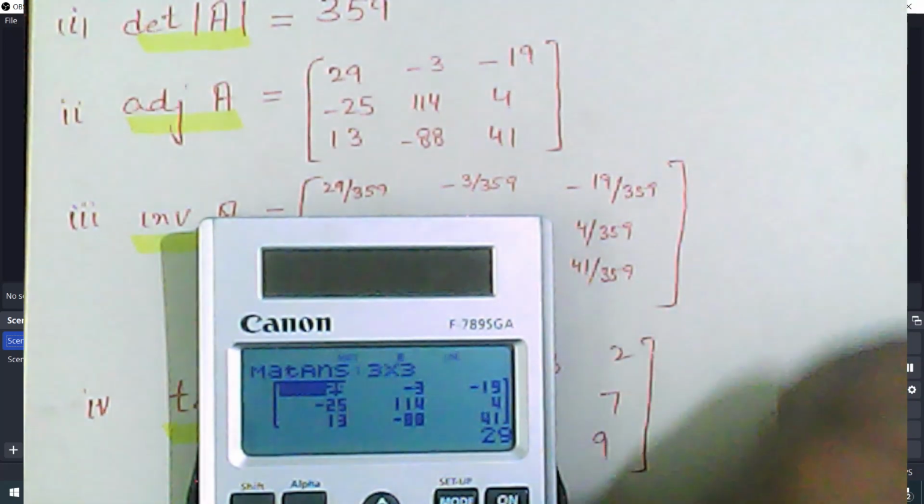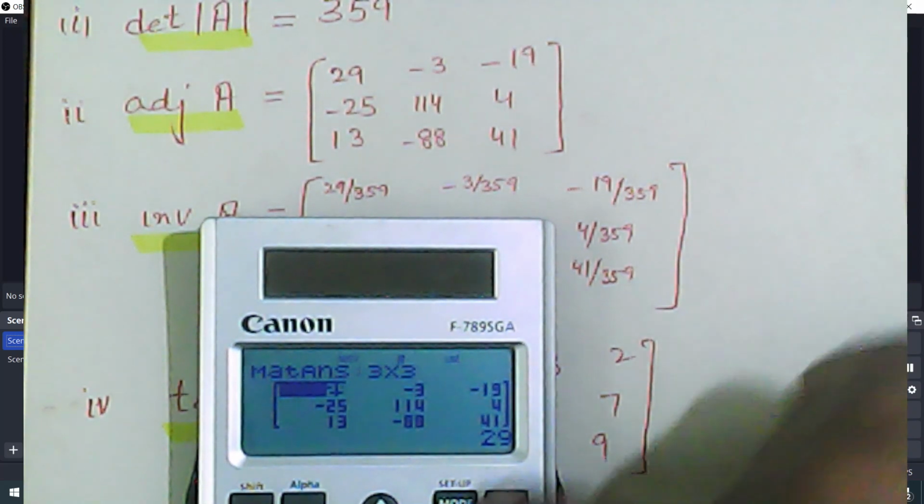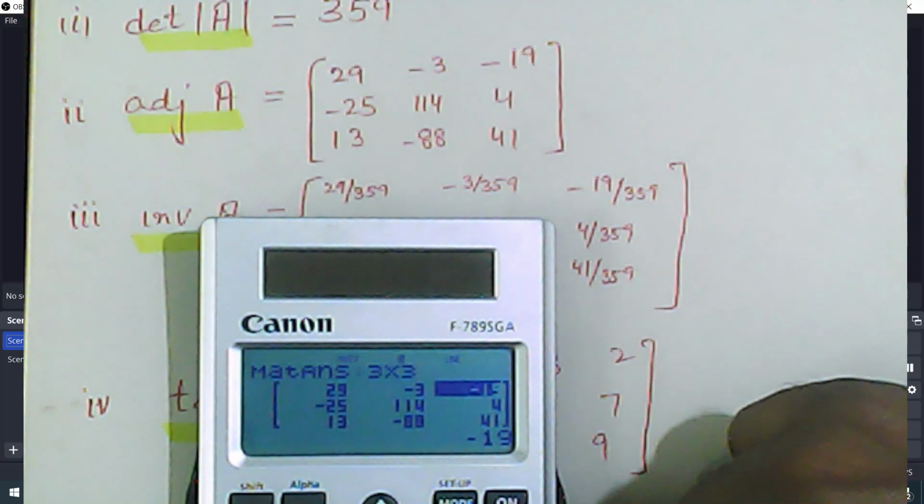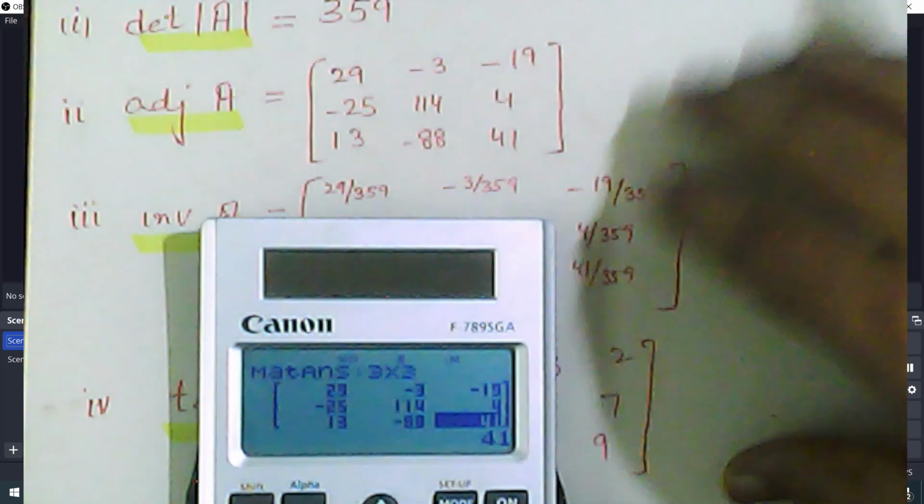Again the first one is 29. You can see over here it is 29. The second one is minus 3, minus 19, minus 25, 114, 4, then it is 13, minus 88, and 41. Now this is being done.